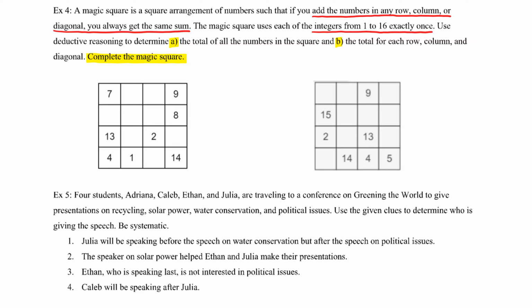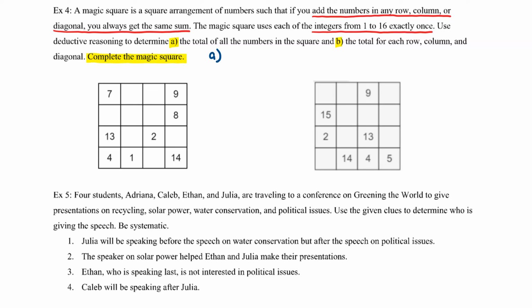So if we start with part A here, part A and part B are going to be the same for both of these magic squares. Okay. But if we look at part A, we said you have to use every single integer from 1 to 16 one time.